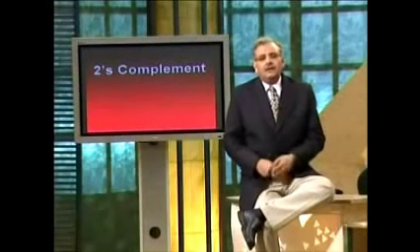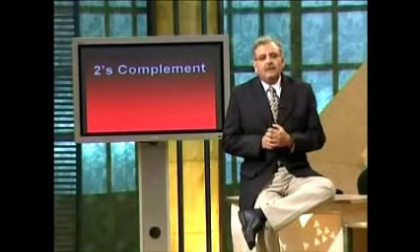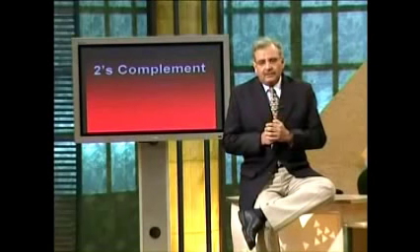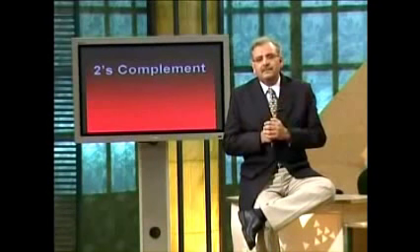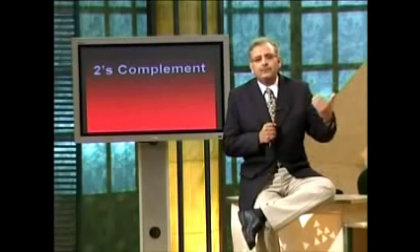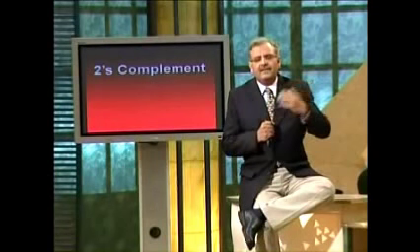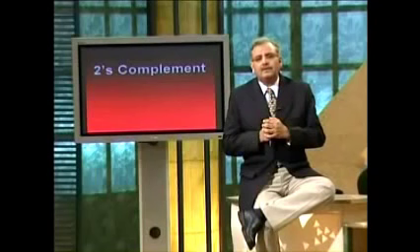There is yet another way of representing signed numbers. The method is 2's complement. In the 2's complement method, we take the original number and calculate its ones complement. What is the ones complement of a binary number? Basically, you invert all the bits. So, for example, the number is 1010.